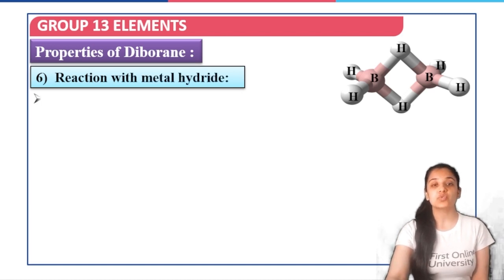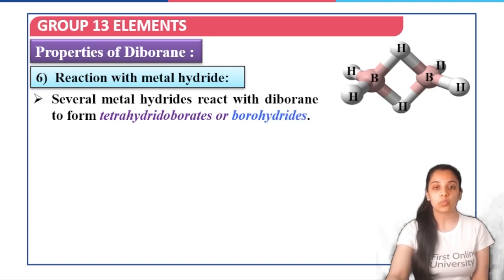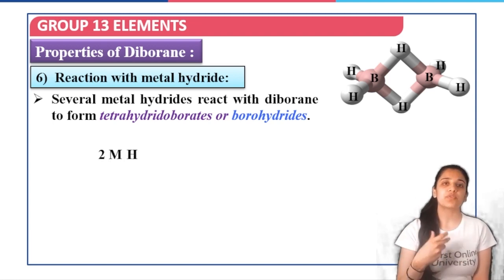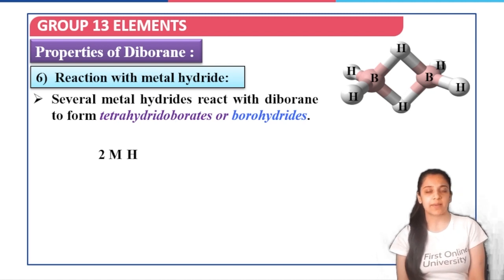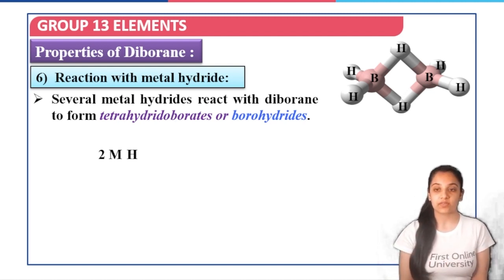Next is the reaction with metal hydrides. Several metal hydrides are going to react with diborane to form tetrahydridoborates or borohydrides. Take a general metal hydride, say MH.